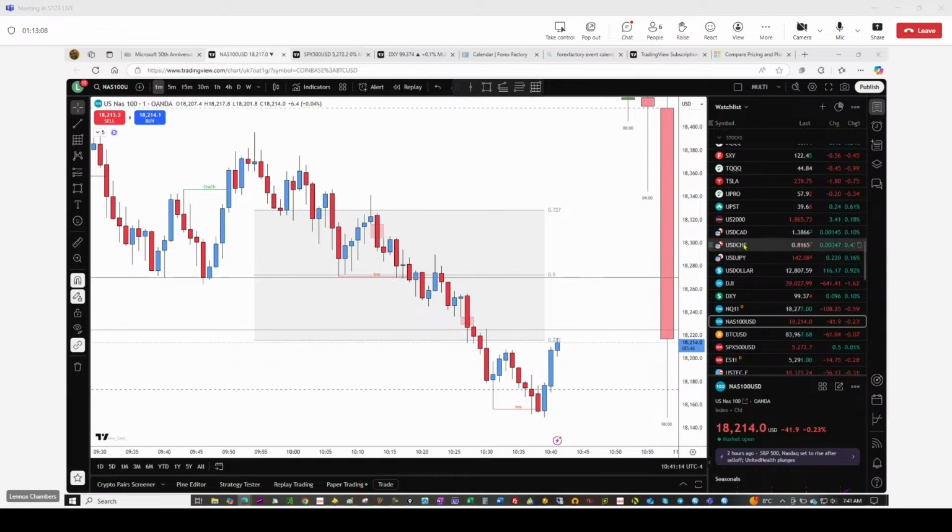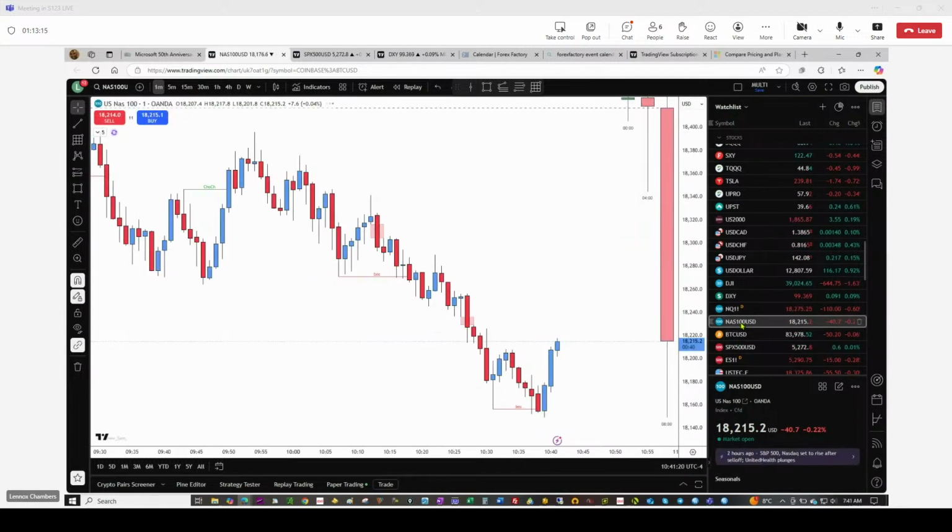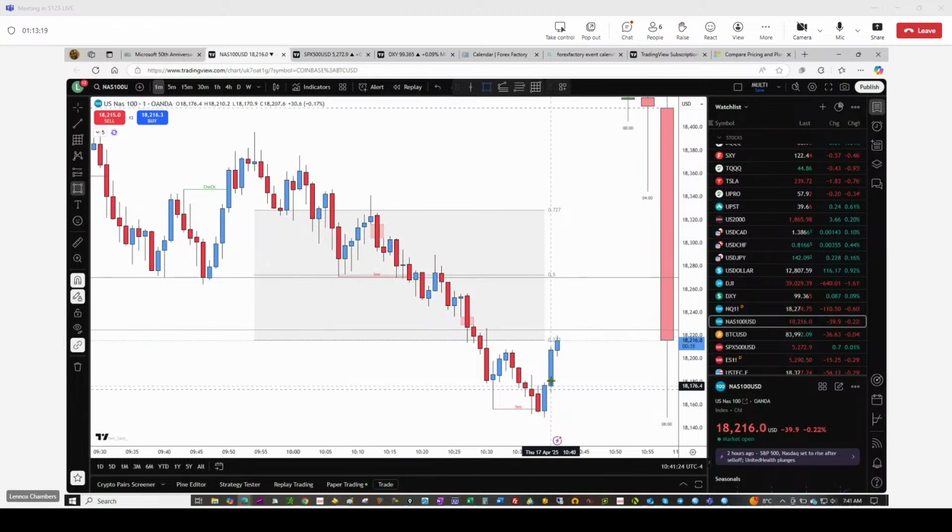Bitcoin's doing the same thing. Good fair value gaps in here. If I was putting a fair value gap in, this one currently being formed would be the ideal. Other than that, there isn't anything else. So now we've broken the previous high.